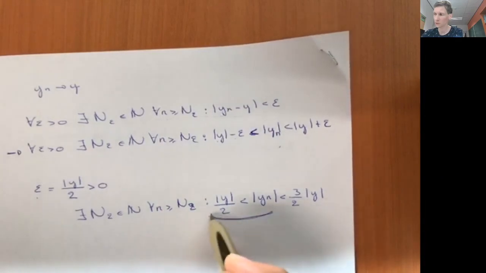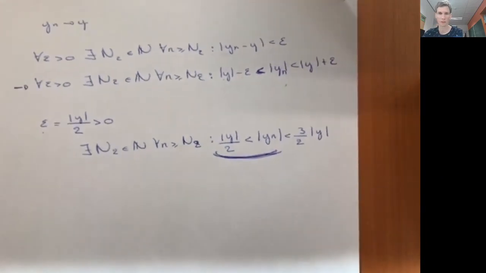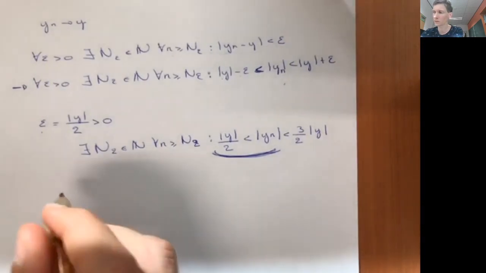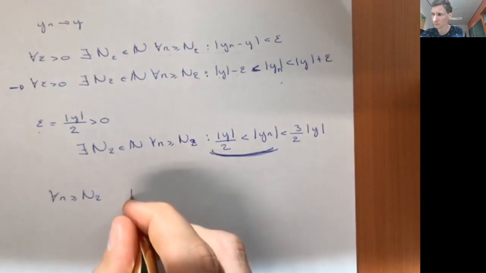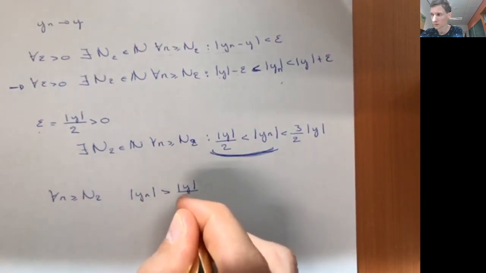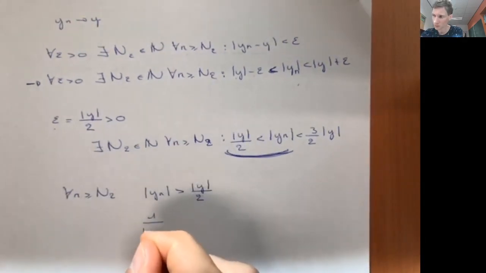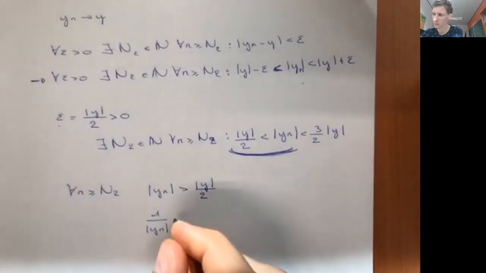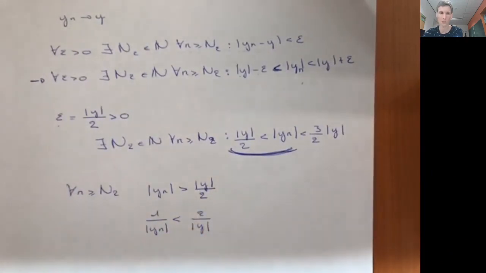Okay, so basically we only need this inequality here. So what do we have? We have that for all n greater or equal to n2, the absolute value of yn is greater than the absolute value of y over 2. So 1 over the absolute value of yn is smaller than 2 over the absolute value of y.